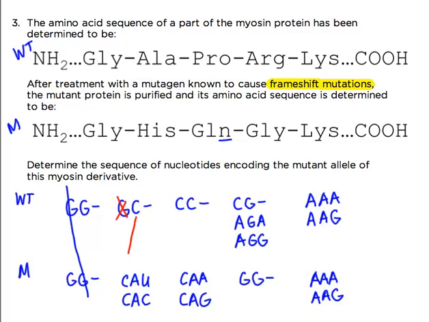So this C matches with this, and then because this is a dash here, it could definitely be an A, so that matches there. Then you have a C next, so that matches with this one. So we know that this is the codon that's actually there, and that's because there's no U to match with the wild type. Then you have C matches. Then again, a dash can definitely be the A.